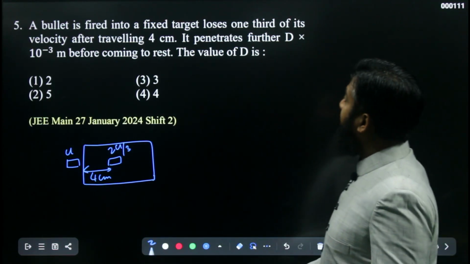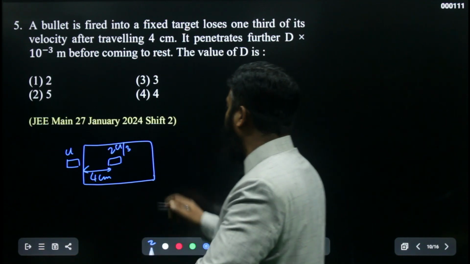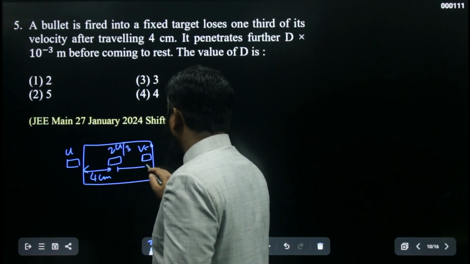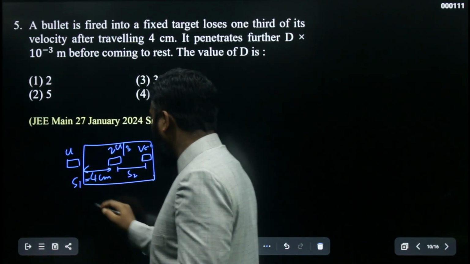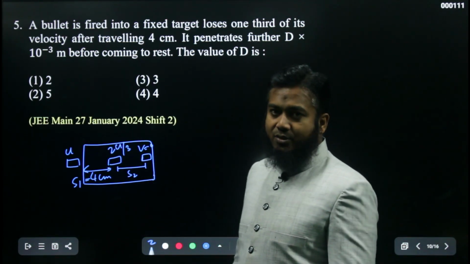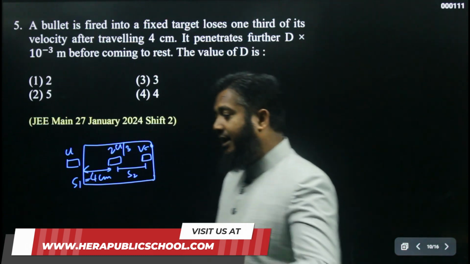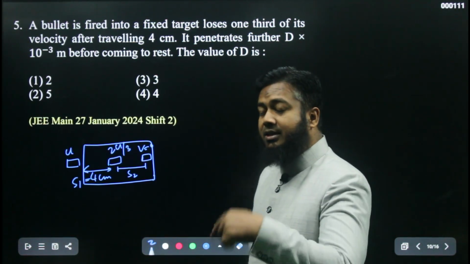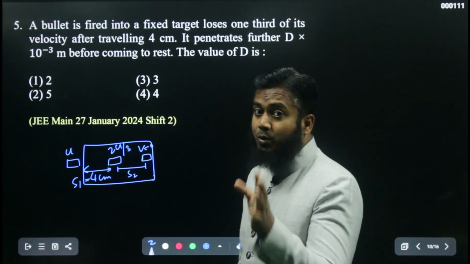So what would be the distance that it further travels before coming to rest? Say the bullet stops here. Let us take this distance s1 and the further distance as s2. So we have to find this s2. What is the catch in this case? The bullet is moving through the fixed target, so the retardation offered to the bullet is the same throughout.